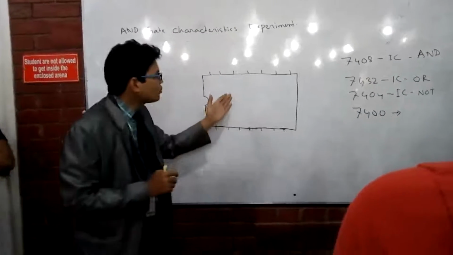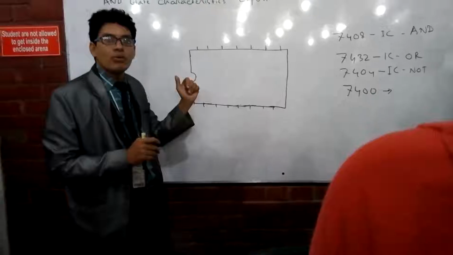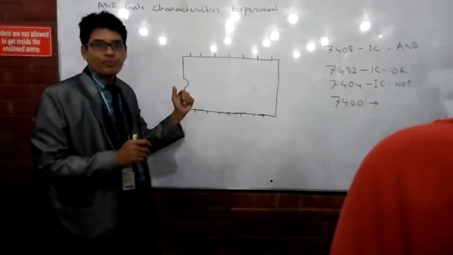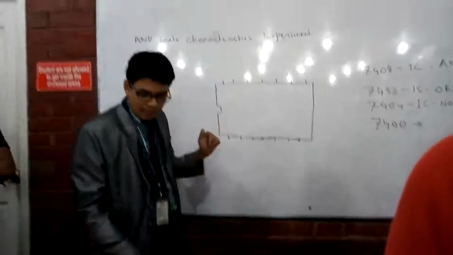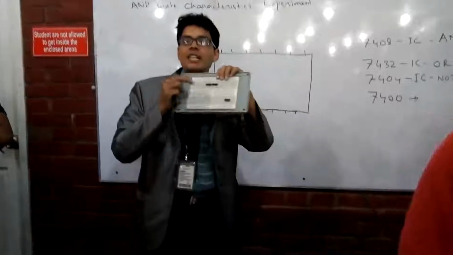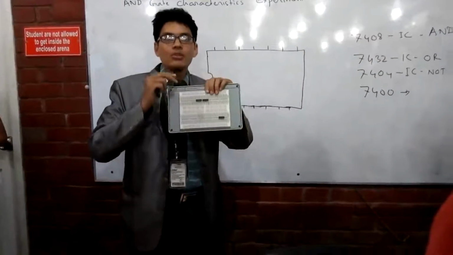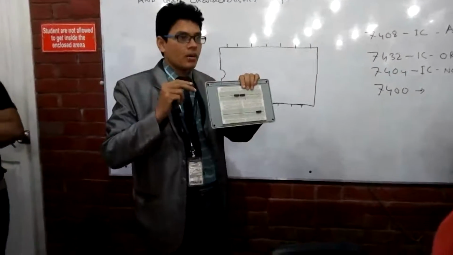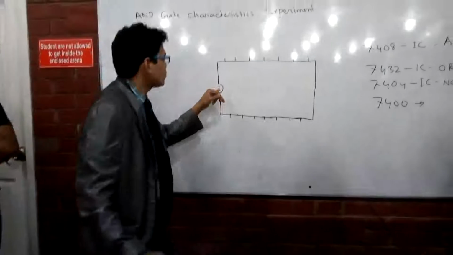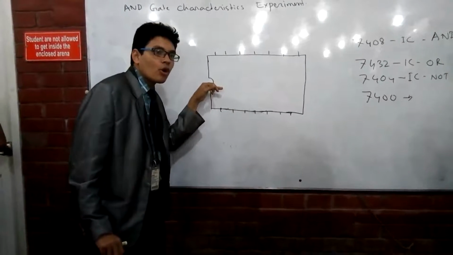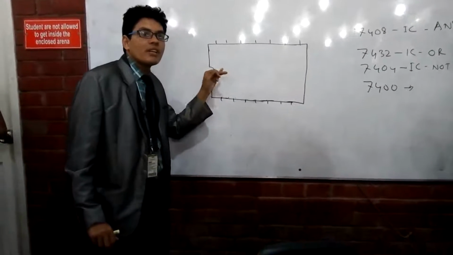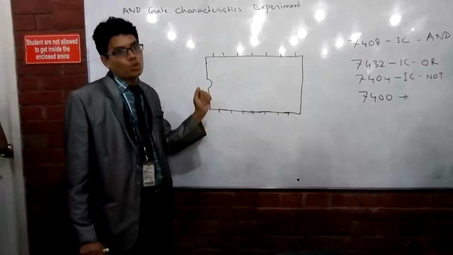Now, how would you know which pin is pin 1 or which is pin 2? There is no way of identifying this because it is very small and you can hardly see the pins, and there is no number written over there. So they have left only this notch to help you find which pin is pin number 1 and which is pin number 2.